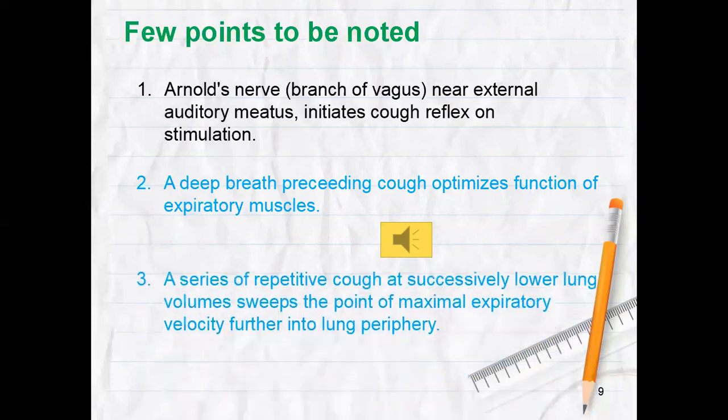Now the next, last and foremost important point is a series of repetitive coughs at lower lung volume, as I showed in the previous slide of the flow volume curve. The area marked cough, that is the repetitive coughs at a lower lung volume, will sweep the point of maximal expiratory velocity further into the lung periphery, which means that whatever secretion or mucus is stuck further down in the periphery will come out due to repetitive cough at lower lung volumes.